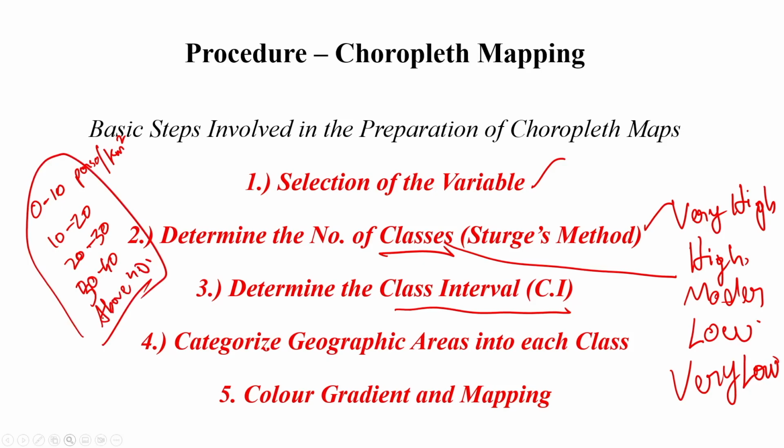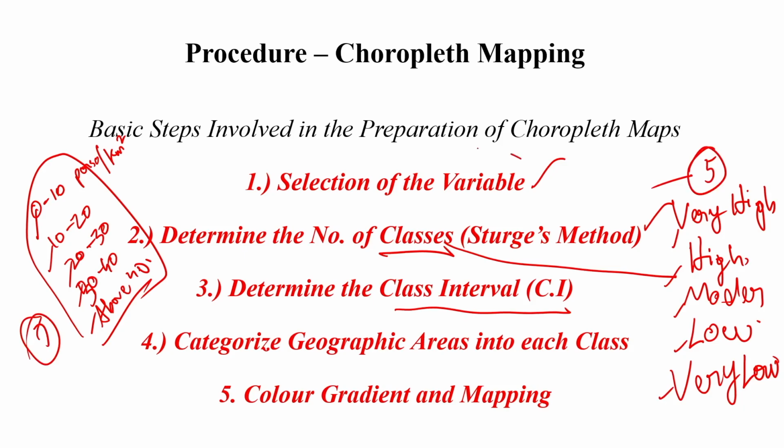So these are the classes. Here I have 1, 2, 3, 4, 5 classes. Similarly here I have 1, 2, 3, 4, 5 different classes. So how many classes am I going to split this variable into? That is one thing.